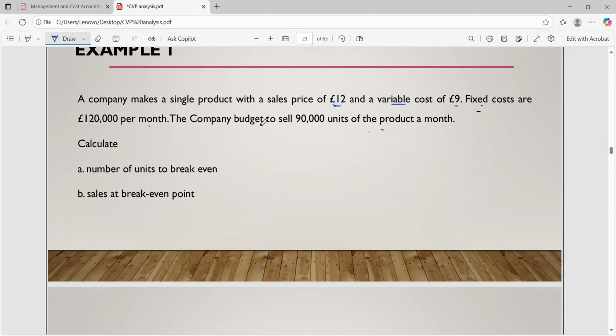Then the company budgets to sell 90,000 units of the product a month. Calculate A, the number of units to break even. So here, you can tell the formula by saying break even in points. So you write the formula, please. Break even in units, because it says the number of units.